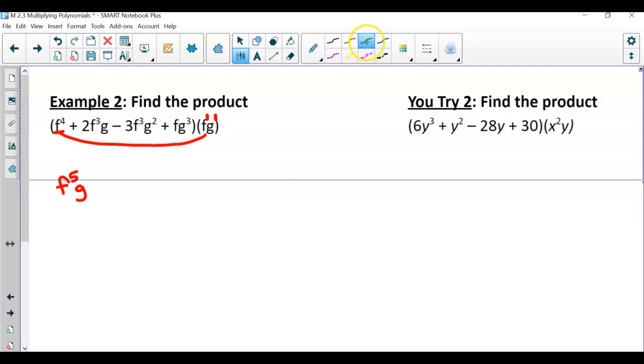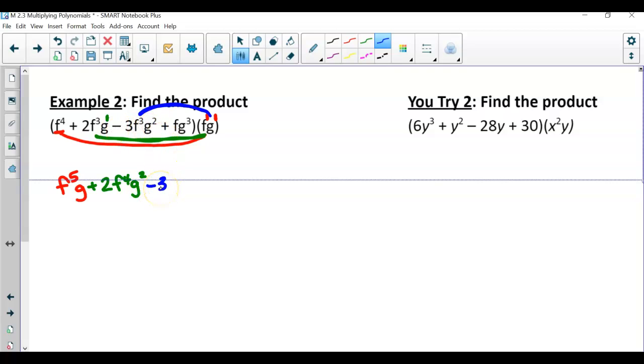Then let's multiply to the next. I've got FG times 2, then F to the third power times G. So I now have 2, but f to the third plus the other 1, now f to the fourth. And we do have 1 g, and another g, making that g squared. Now let's go to the next. Here, fg times negative 3, f to the third g squared.